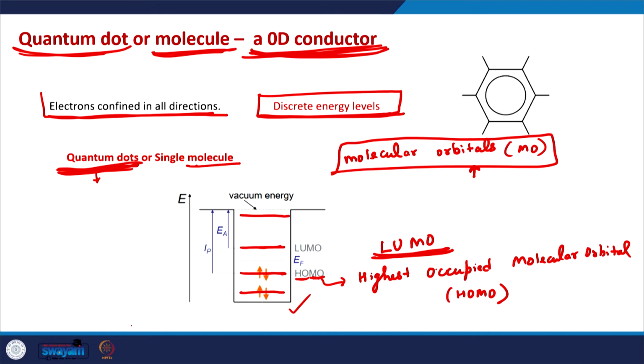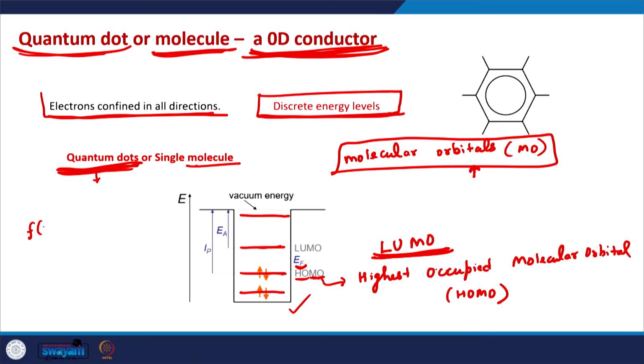Now, there are several terms that we need to understand. The notion of Fermi level is not properly defined in these systems, because there are very few electrons in this system, and the statistics of electrons cannot be done properly. However, we define the notion of Fermi level from the basic definition of the Fermi function. The Fermi level is the energy level at which the probability of being occupied is half.